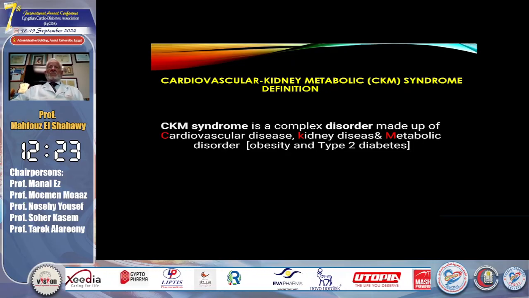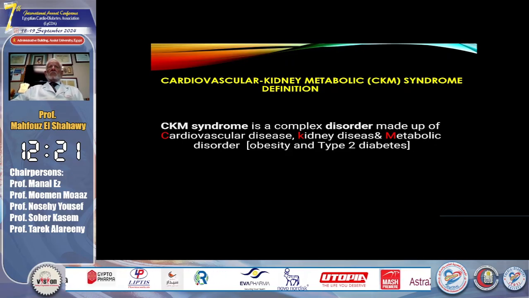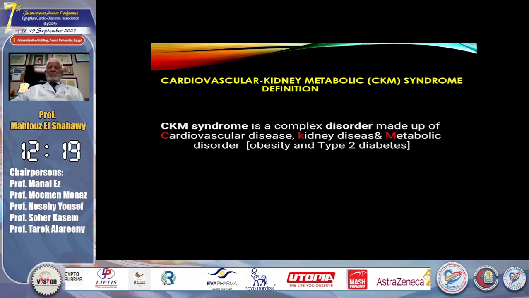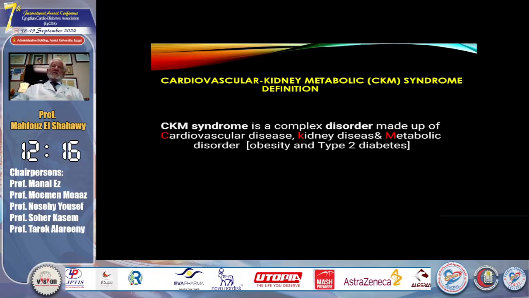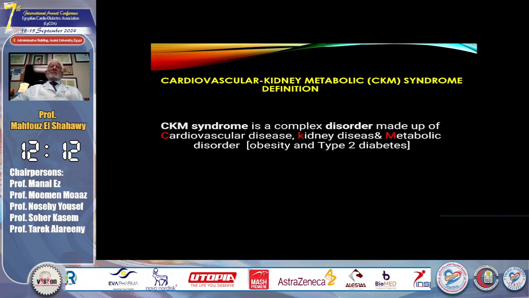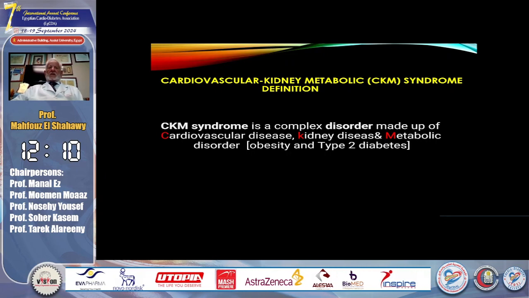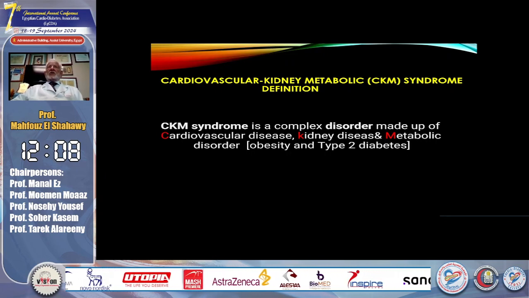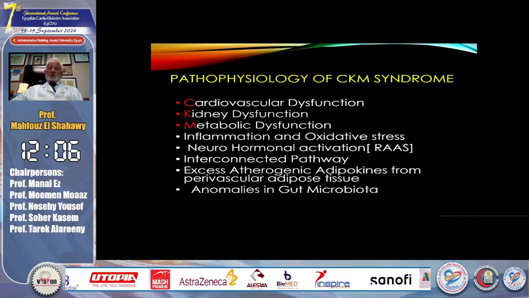So now you know the difference between metabolic syndrome and cardio-kidney metabolic syndrome. Metabolic syndrome is the early stage, primary prevention, but with cardio-kidney it is late stage or secondary prevention.